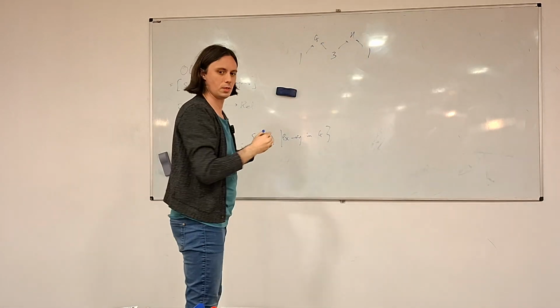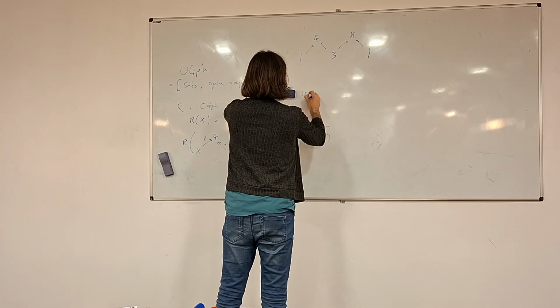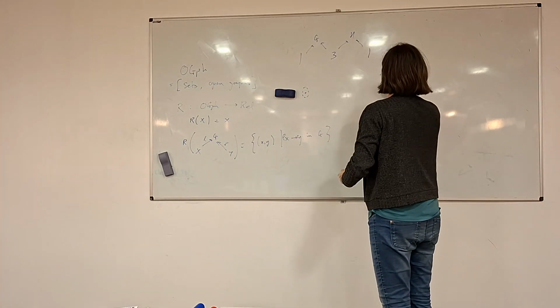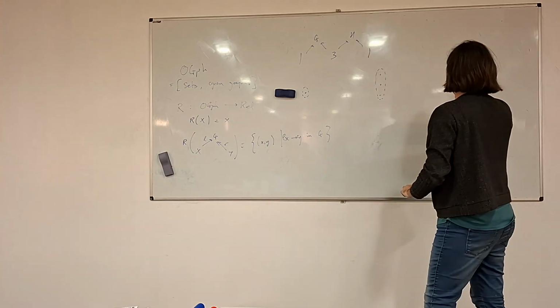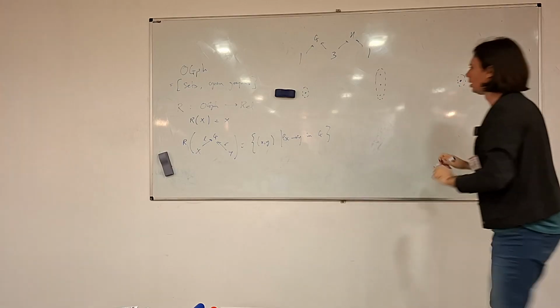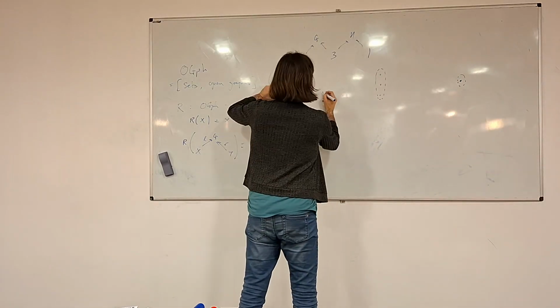Namely, here's my one thing, here's my three things, and here's my one thing. And G, I'm going to set to be the following graph.